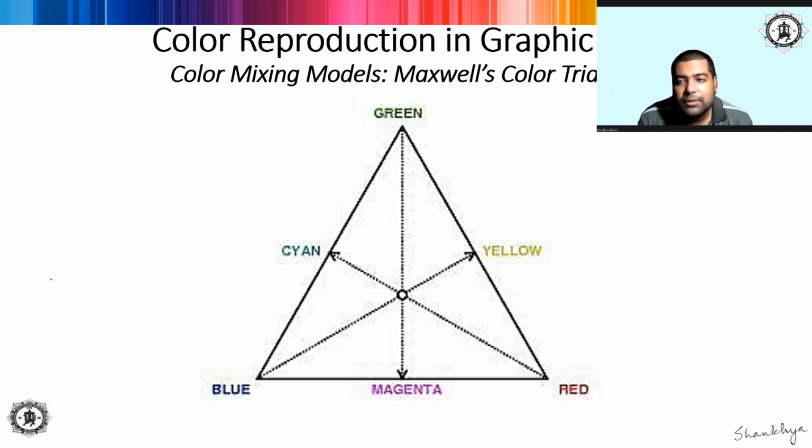So this was basically known as Maxwell's color triangle, where at the apices of the triangle we had the additive primary colors. Why additive primary? Because they are the core constituents of the electromagnetic or the visual spectrum. And additive, why? Because once we mix or add them with each other, the secondary color is produced.